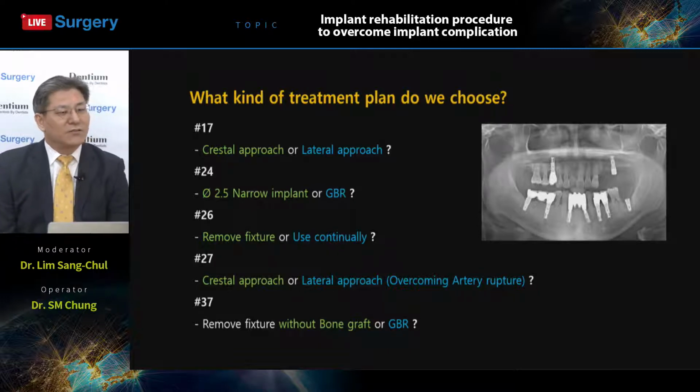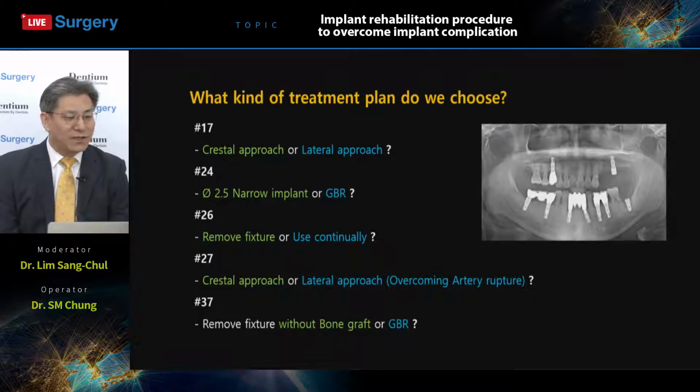When we had today's surgery, Dr. Chung had some questions. Around number 17 area, which one is better for the patient and treatment: a crestal approach or a lateral approach for sinus augmentation? And around number 24 area, is a narrow implant better, or a GBR procedure first for a delayed approach?